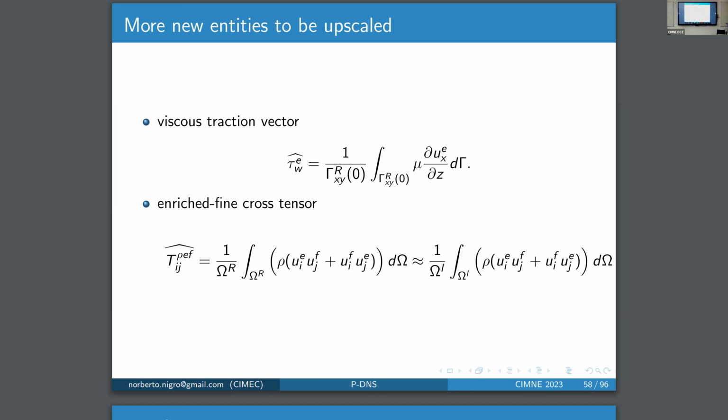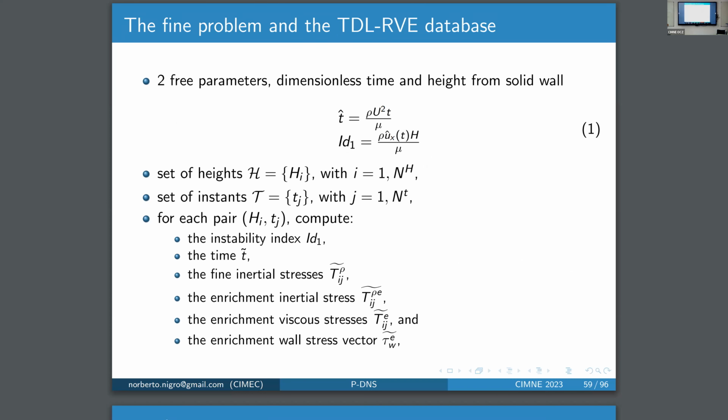And for the enriched fine cross tensor solution, we have to compute this as well. As we said, in the RVE we have to solve with two free parameters. One is some sort of dimensionless time, and the other is some sort of height from the solid wall. So we start the simulation at each time step, and at each height we make first the instability index and dimensionless time.